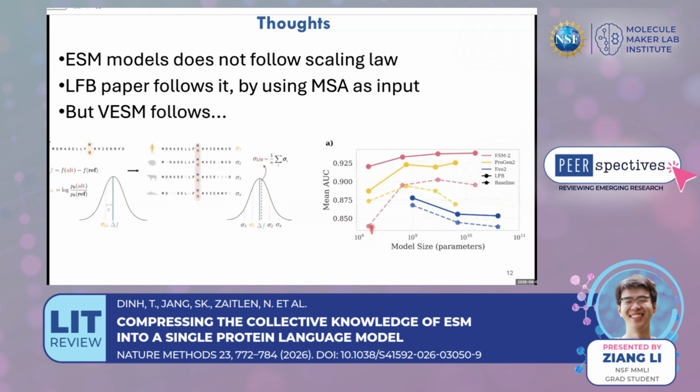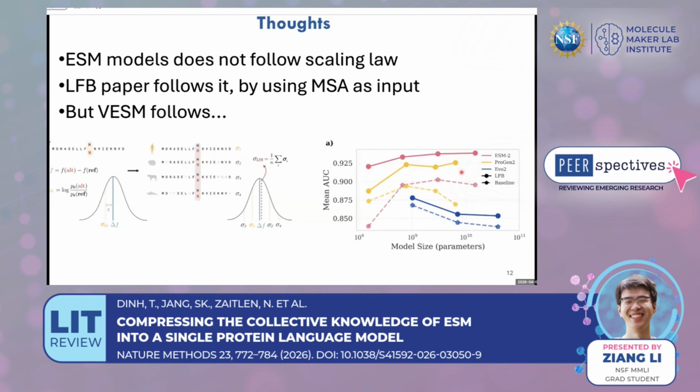I will show this in figure A, and as you can see, as the parameters get larger, this ESM3B model will not follow the scaling law on the protein gene dataset. This dashed line is the original ESM model. And when they apply this LFB, which is also an ensemble method, it still helps the model follow the scaling law.